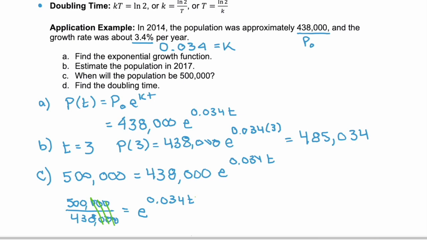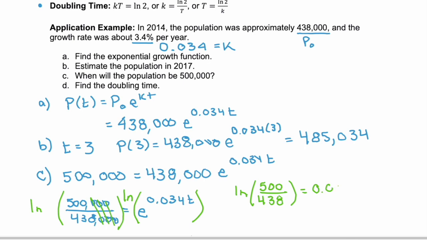Since we have e to the power, we're going to take the natural log of both sides, because by taking the natural log of e to a power of something, we get just the exponent. So on the left, we'll have the natural log of 500 over 438 equals just the exponent part of the right, 0.034 t.